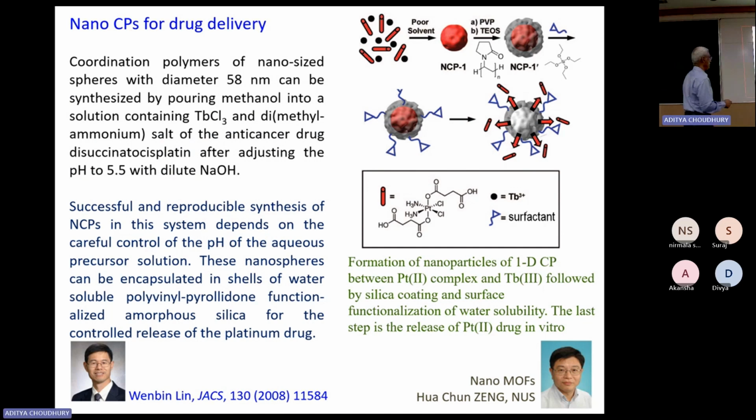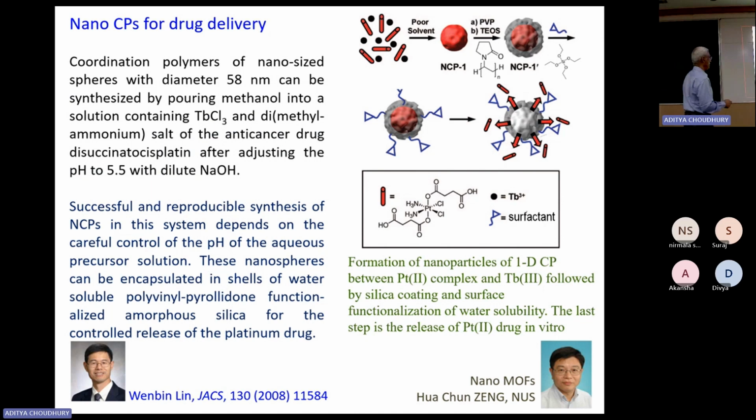It's very simple. He wants to deliver cisplatin, and he made a derivative of this with succinic acid. I just call it a rod; he calls it a rod. Then he put in terbium salt, in water, the aqueous solution.